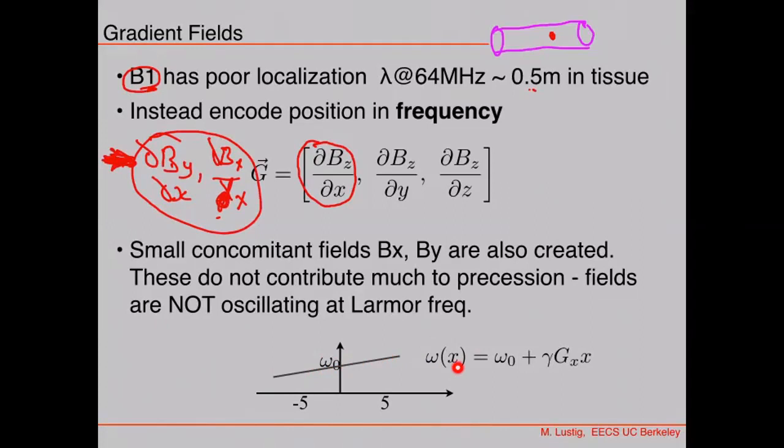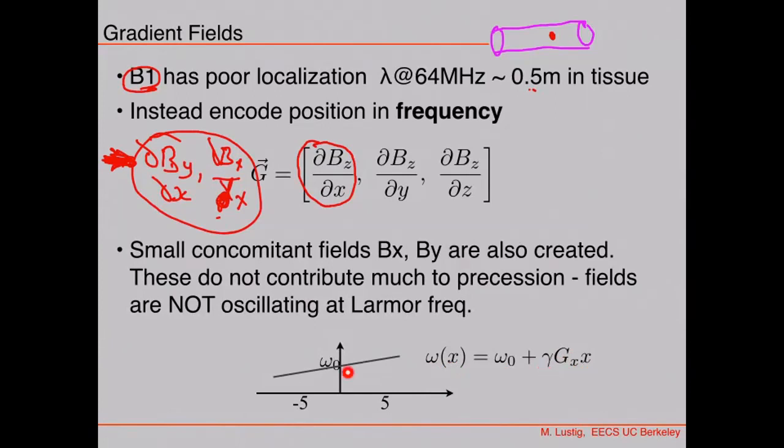So the field distribution in space, and as well the resonance frequency distribution in space, is going to be a function of x when we apply an x gradient. It's going to be omega 0 plus gamma Gx times x. Gx is the size of the gradient, x is the position, and gamma is the gyromagnetic ratio.